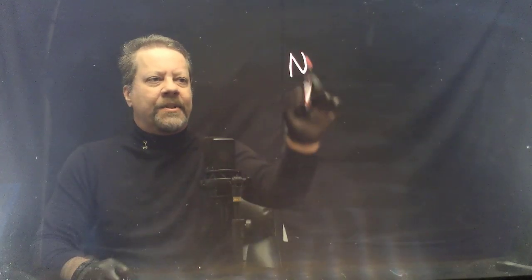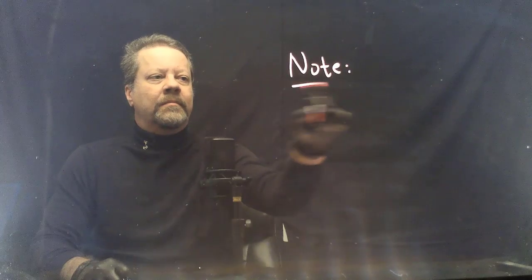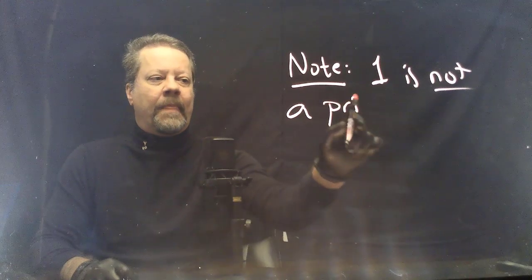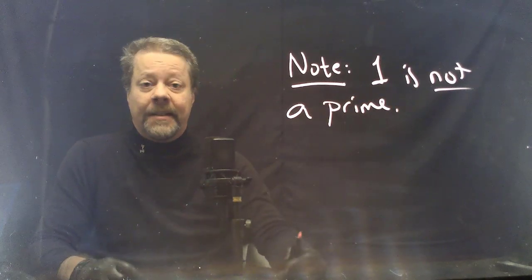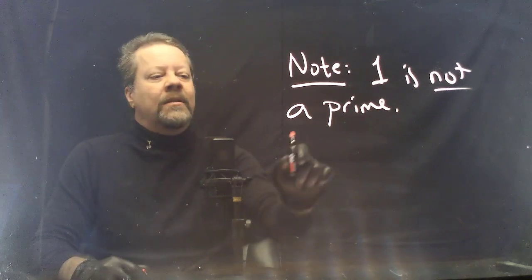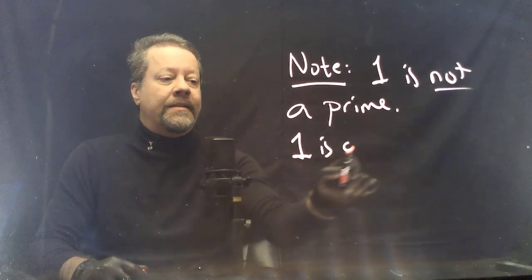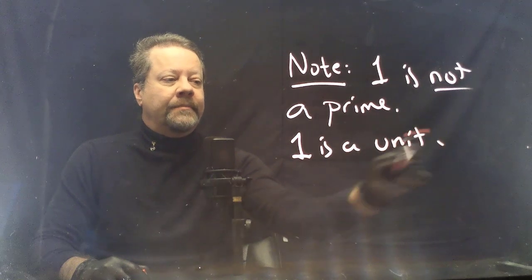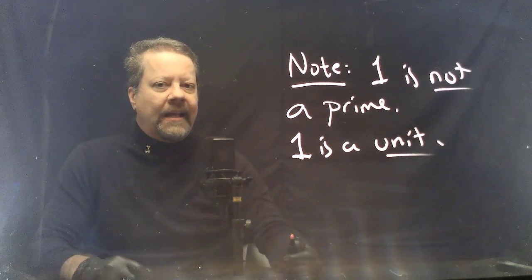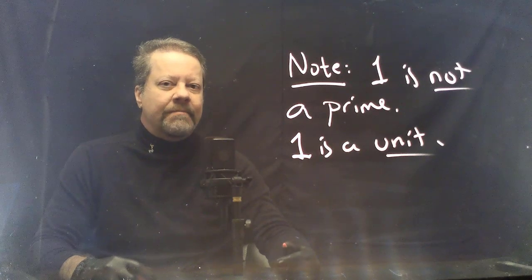Make a special note. 1 is not a prime. Yes, it is only divisible by 1 and itself, 1, but 1 is a unit. And so it's not a prime, it's a unit, and we're not going to consider units to be primes. Remember, numbers that are not primes are composite.